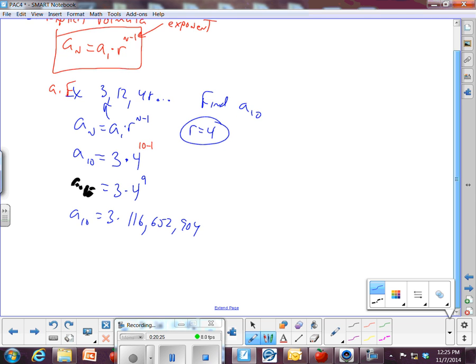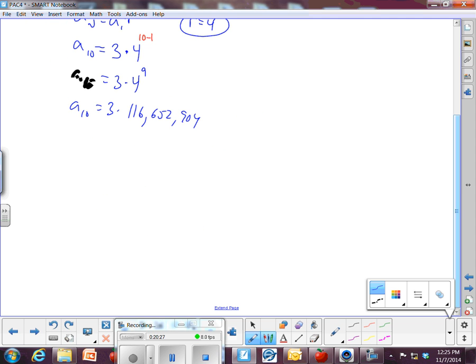Again, with the calculator, it's no problem. Doing it longhand would be a big pain. So, man, that looks funny. Let me check one more time. Yeah, that's what it is.